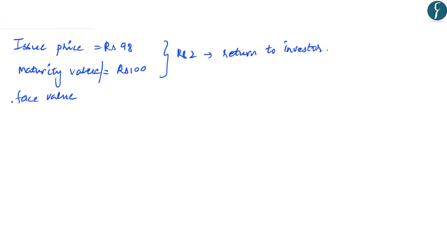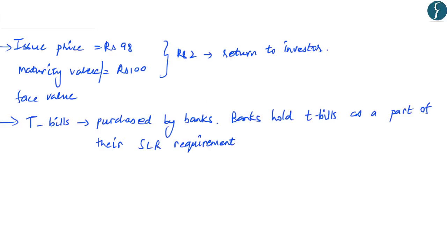And one last thing that you should know about treasury bills is that these treasury bills are usually purchased by financial institutions or banks. Banks usually hold these treasury bills as a part of their statutory liquidity ratio requirement. That is, this SLR requirement says that banks are required to hold a certain proportion of their deposits in the form of government securities.